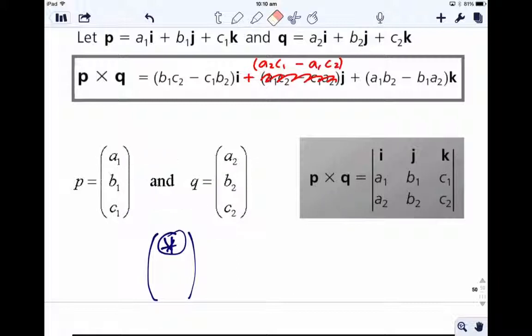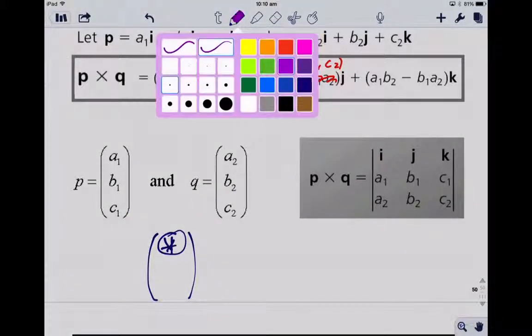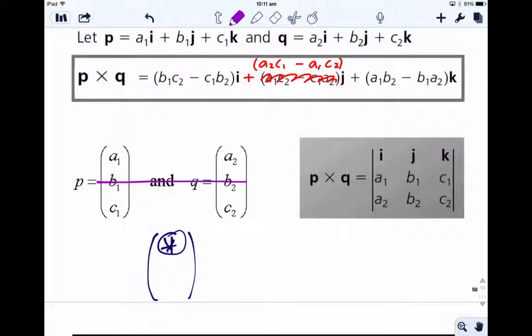Okay, second number. For the second number, again, I'm going to cross out the middle row. And just to be extra specially tricky, we're going to reverse this time. We're going to go this times this minus this times this. So a2 c1 minus a1 c2. That is the second number right there. Okay, third number.